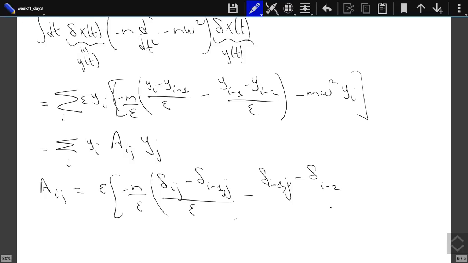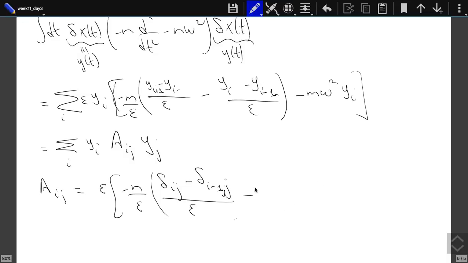Well, let me just change it slightly. I will say this is i plus 1, this is i. Again, this is i minus 1. In the limit, if we can take the exact limit as epsilon goes to 0, this shouldn't make any difference.